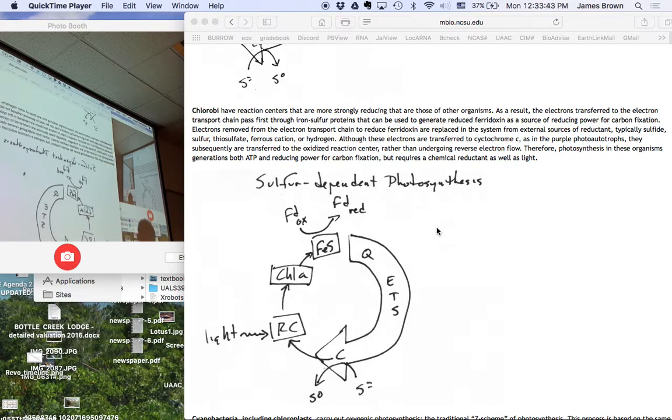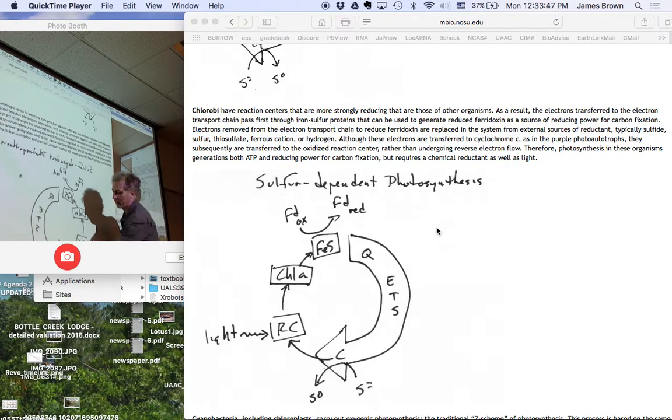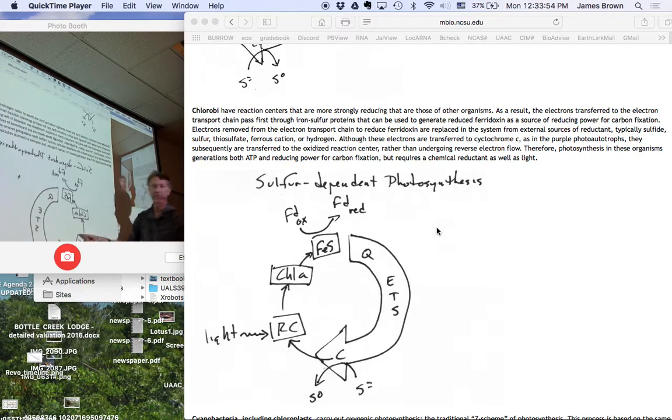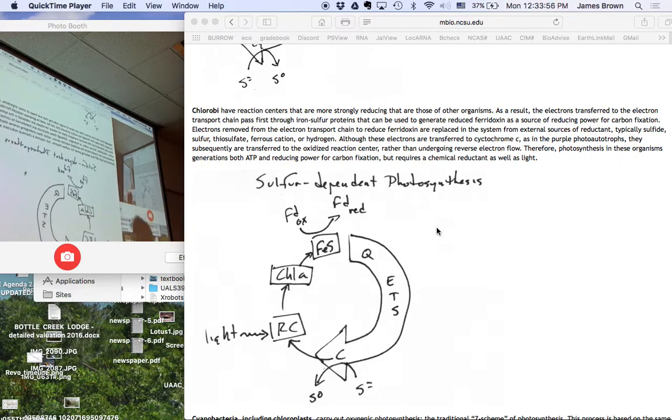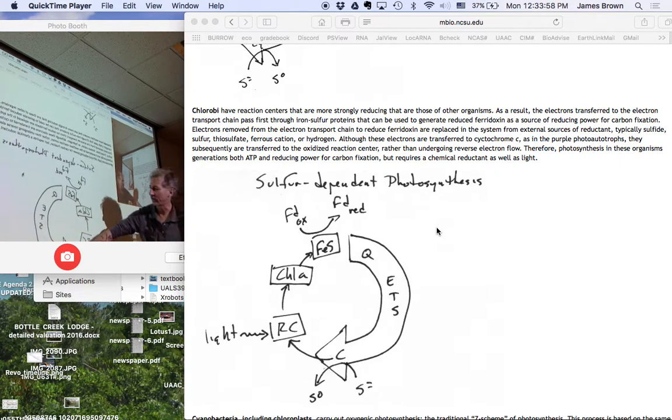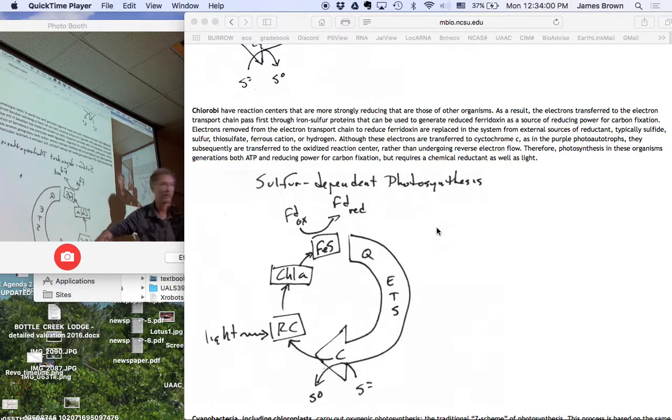You have to recycle it. The way the Chlorobi do it is from sulfide, which goes to cytochrome C, and then that reduced cytochrome C is used to reduce the reaction center.